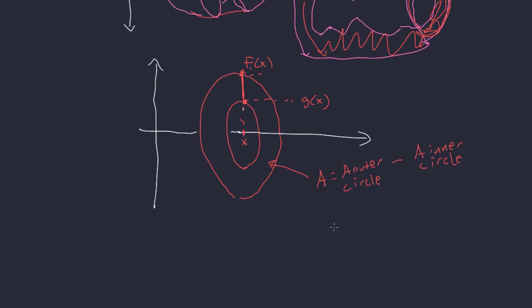So at any x, it's going to be pi outer radius squared minus pi inner radius squared. In this case, that's, for any x, pi f of x squared minus pi times g of x squared.